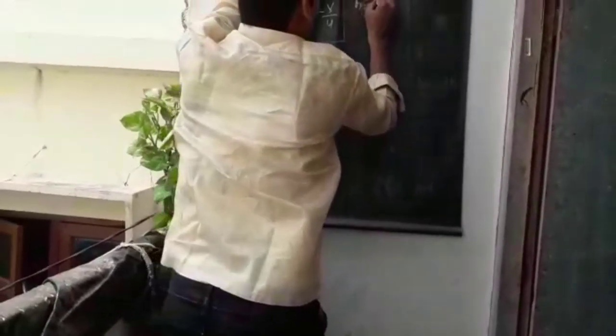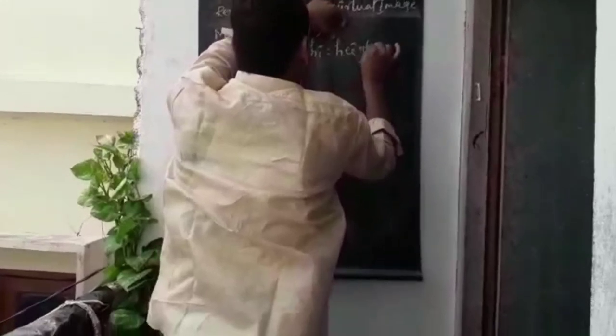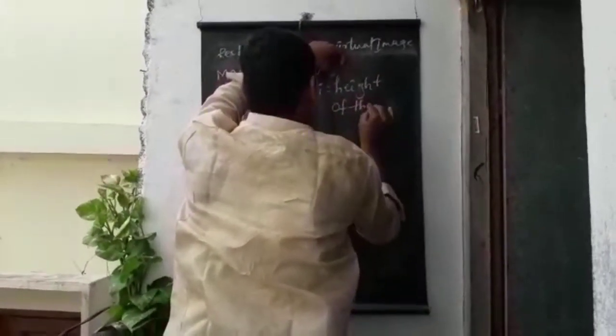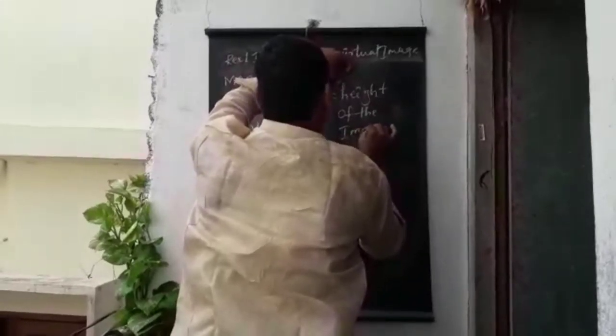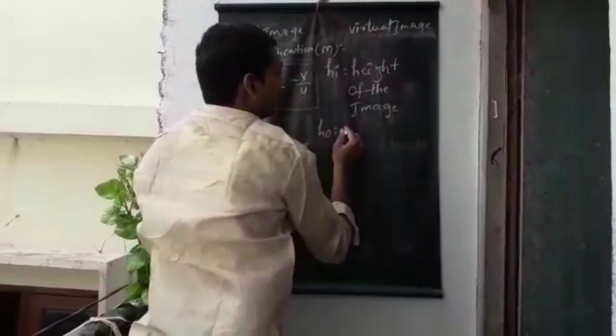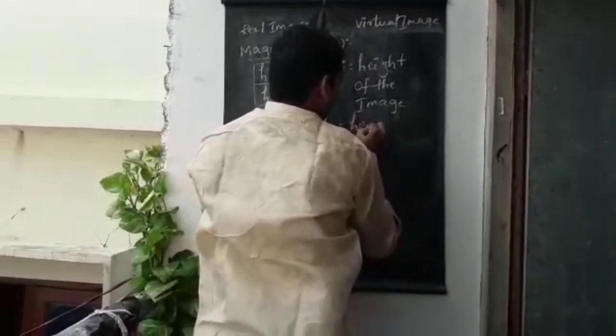So what is hi? I will explain here. hi stands for the height of the image, and h naught stands for the height of the object.